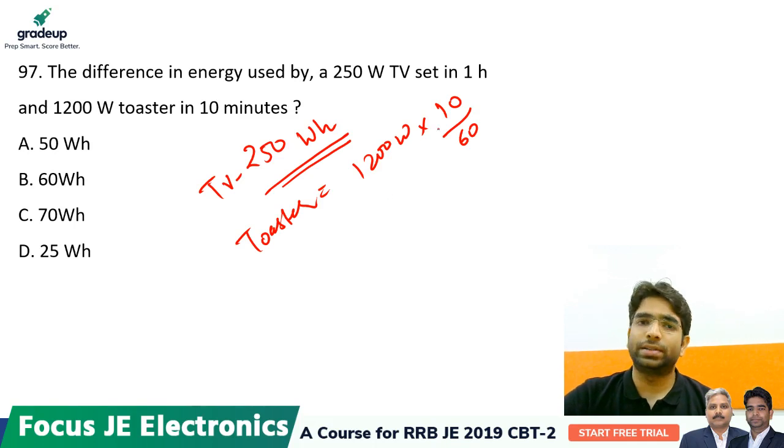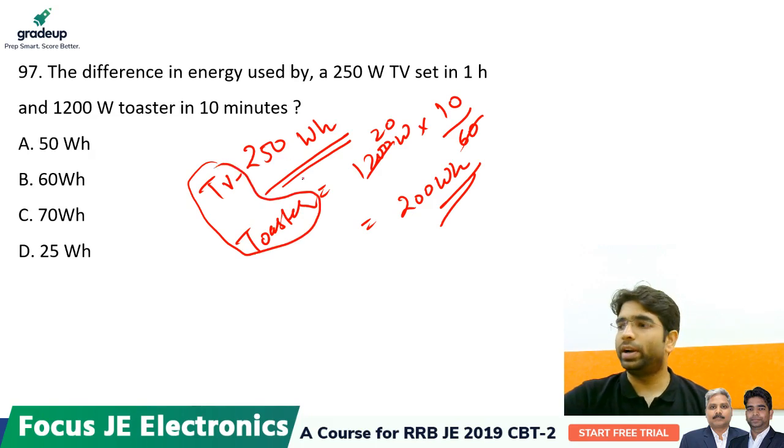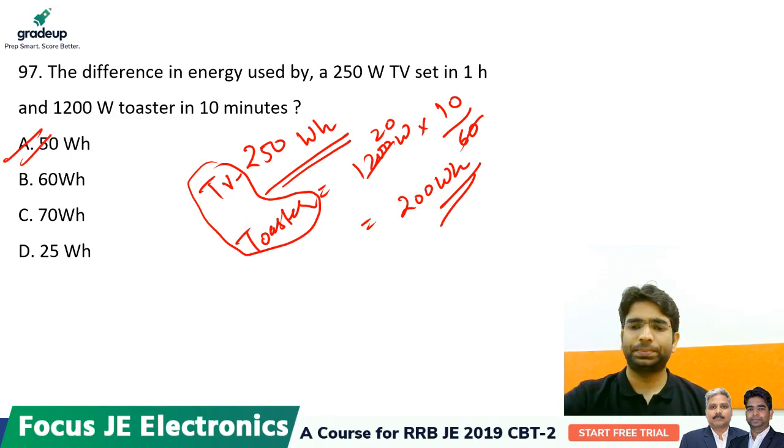Converted into hours, it is 200 watt hour energy used by the toaster in those 10 minutes. So the difference in energy of TV and toaster is 250 minus 200, which is 50.